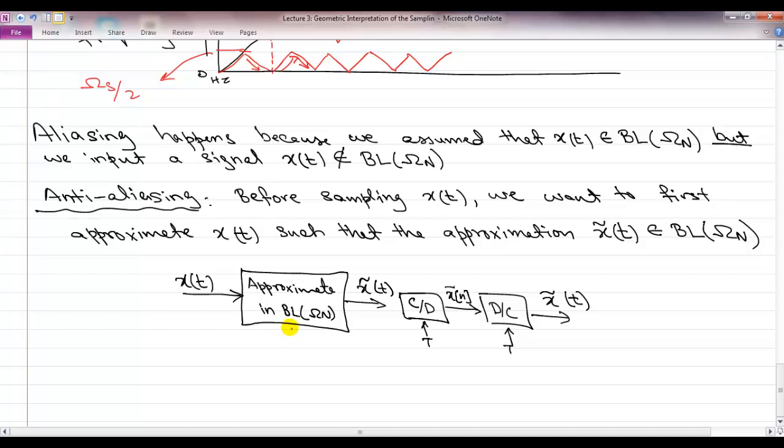For example, there are many signals that live in the band-limited class. Why should I not just take a zero signal? So there should be some mathematical criterion. And when we are talking about approximation, what we really want is to do best approximation.